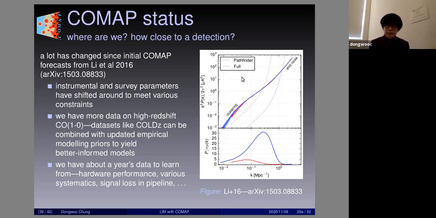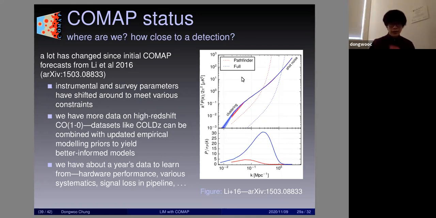We think we have pretty clean white noise maps, but I don't have anything ready to show right now in terms of firm results. Discussions are still ongoing, but we definitely have a much better idea of the sensitivity that COMAP should be capable of at the end of 2 years. Hopefully at the end of 5 years, because we will be proposing for an extended observing campaign.